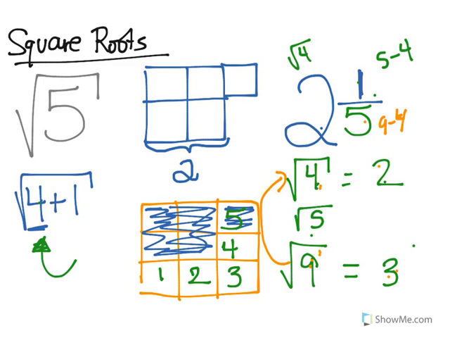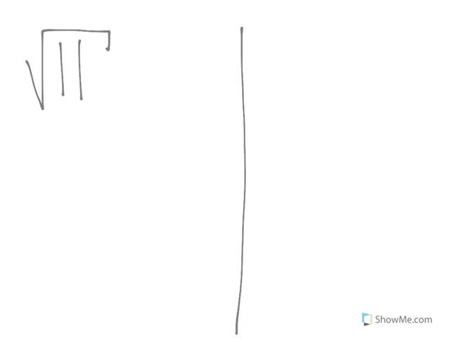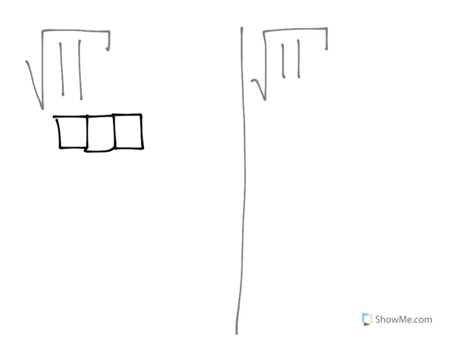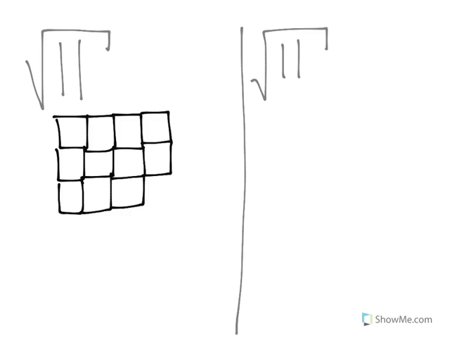Let's try one more. Square root of 11. We're going to do this both ways, the model and the math. The model, I want a perfect square. So I have 11 squares. 1, 2, 3, 4, 5, 6, 7, 8, 9, 10, 11.